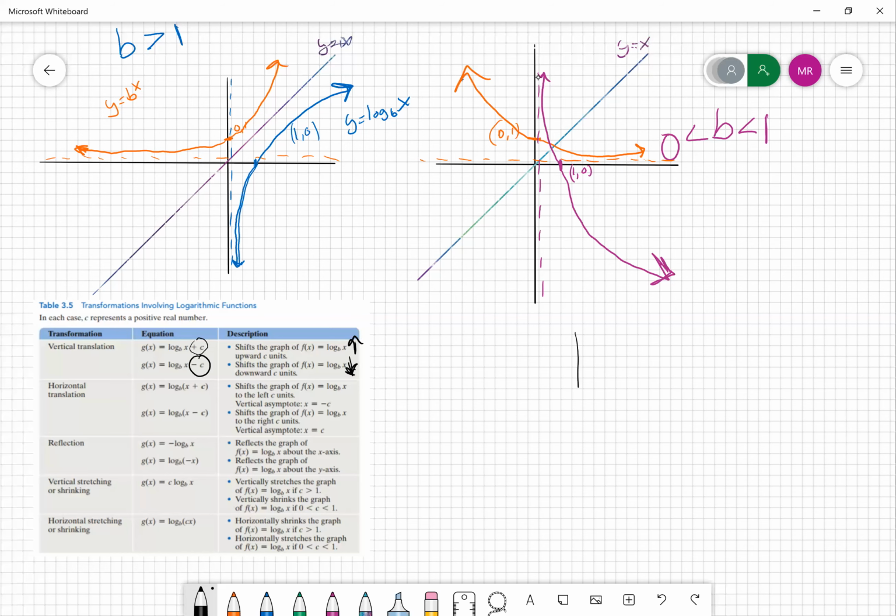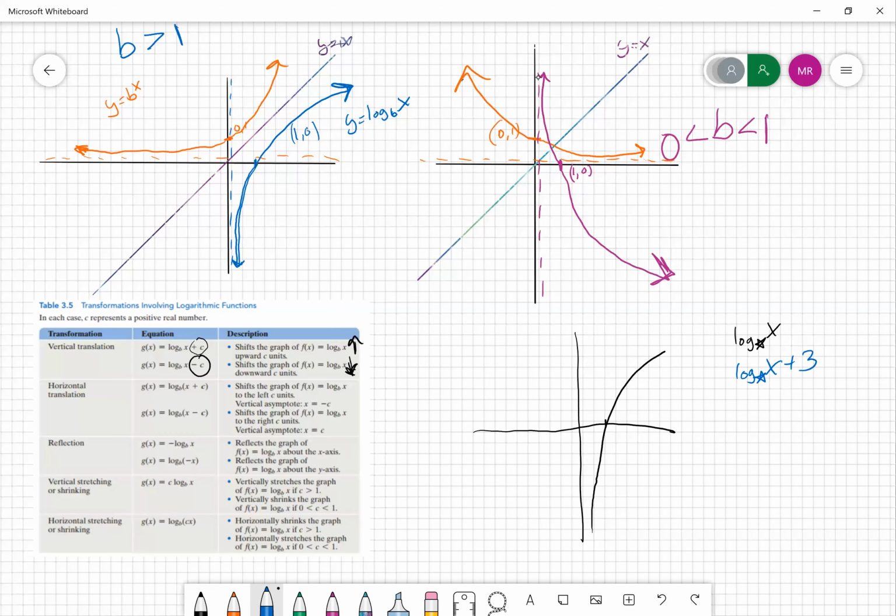So just a quick example of this might be if we have log base star of x. We're still going to hit at (1, 0), and it's going to look like this. But let's find a different color. Log base star of x plus 3.